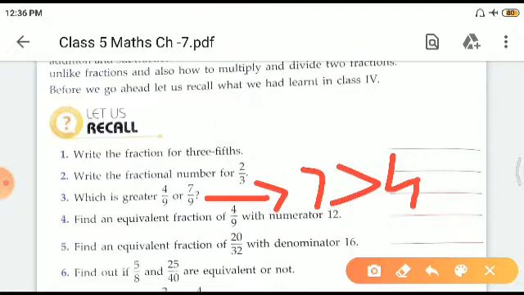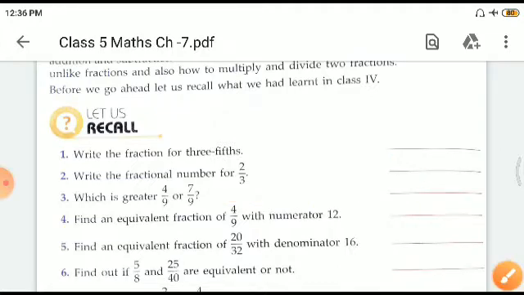Because what it means is that if we have 9 parts of the total, then 7 parts of that will always be greater than 4 parts of it, right?